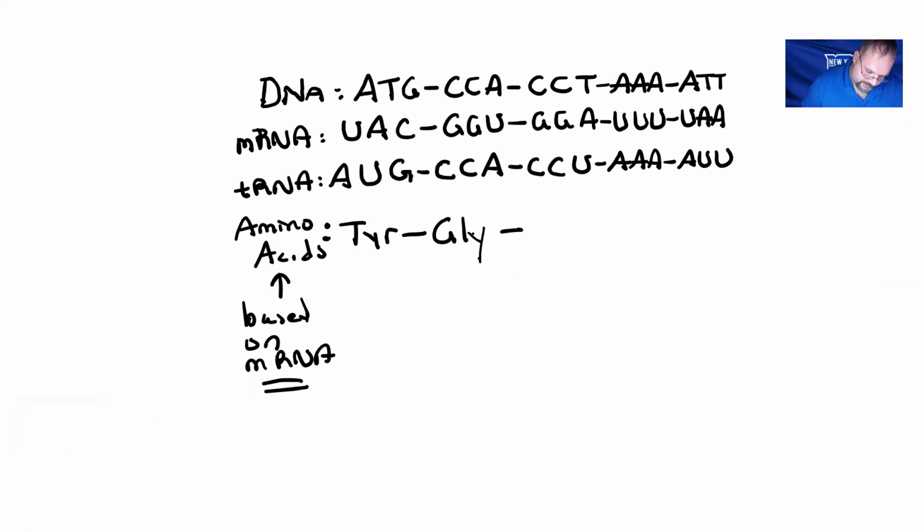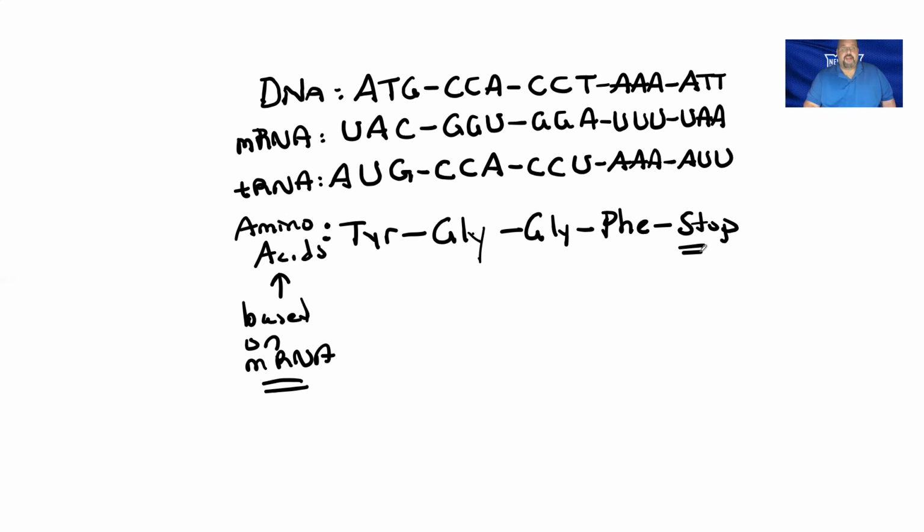So we would have 2 glycines back to back here. UUU would give us phenylalanine, PHE. And then UAA would actually be a stop codon. So we would have a signal to come to an end. All right. So tyrosine, glycine, phenylalanine, and then stop.